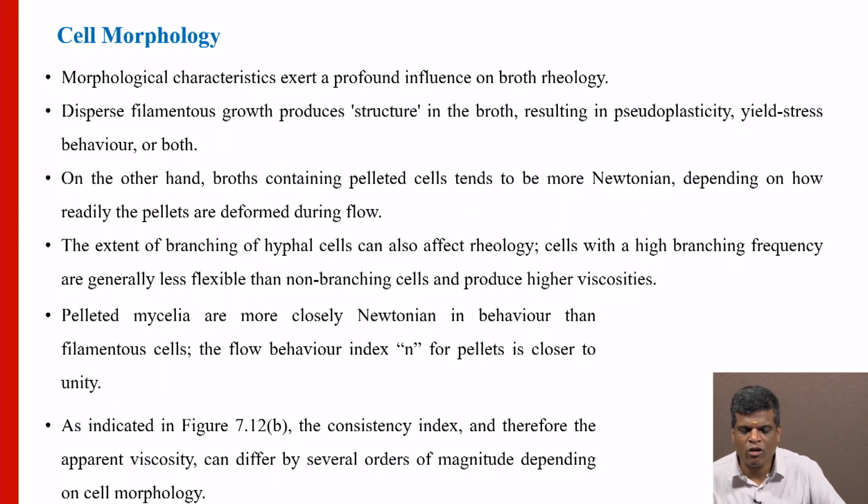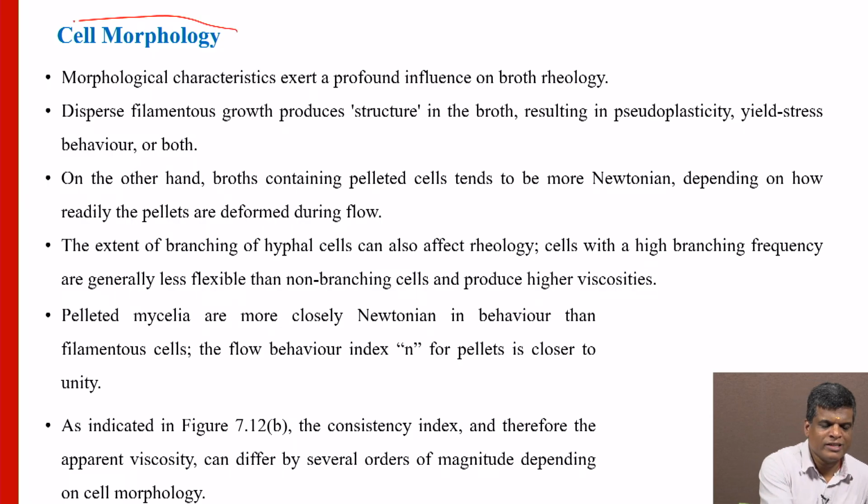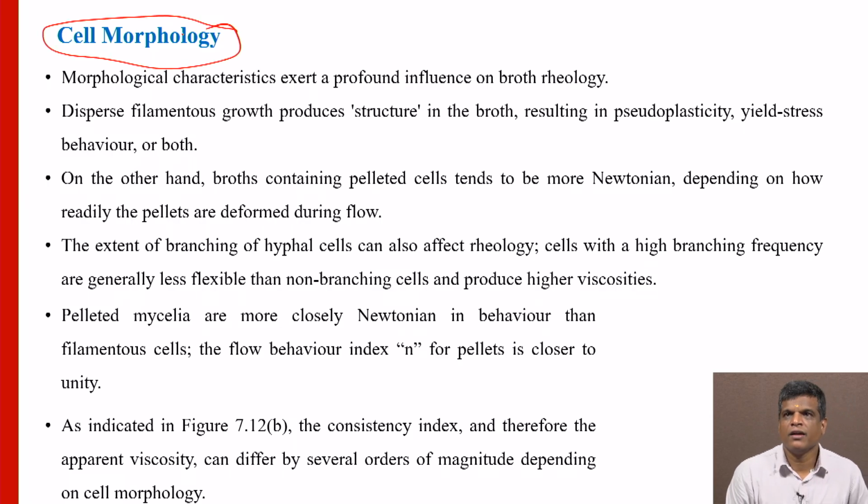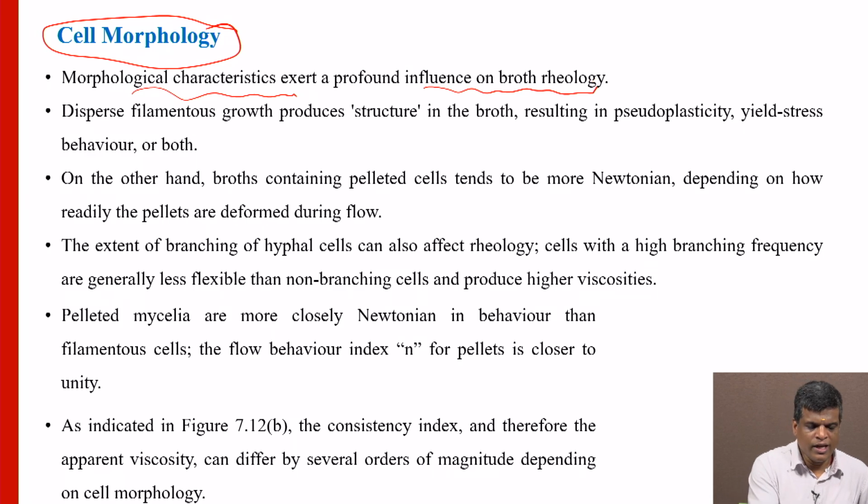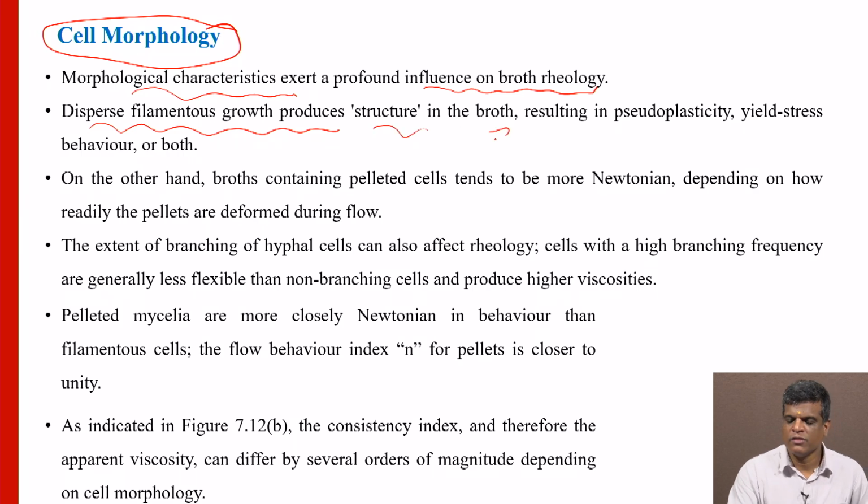The other factor is cell morphology. Having discussed cell concentration, this point is about how morphological character influences broth rheology. Dispersed filamentous growth produces a structure in the broth, resulting in pseudoplasticity and yield stress behavior, or both.